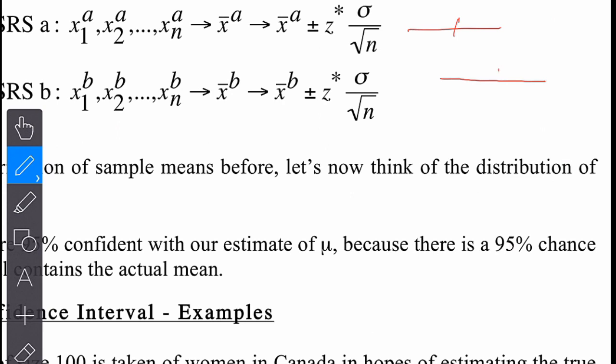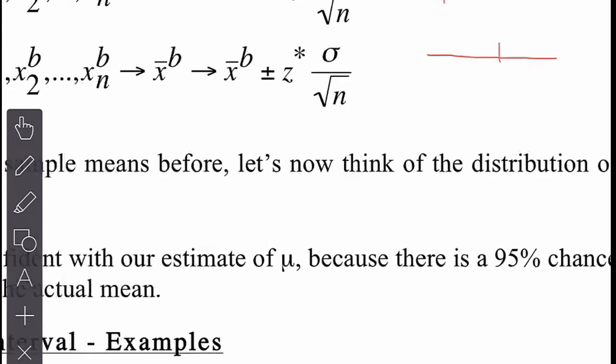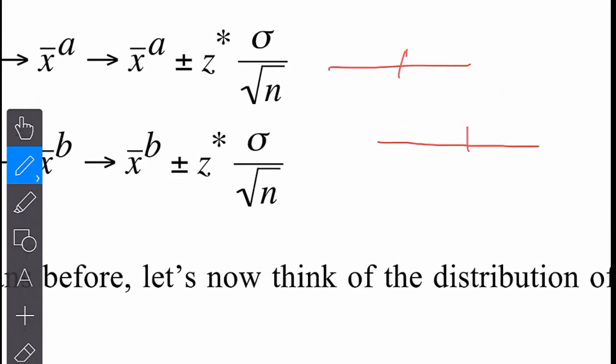So this would be X bar A and this one would be X bar B. They're different, right? And then you can imagine I'm going to compute more of them. I could get one over here even, X bar C, right?